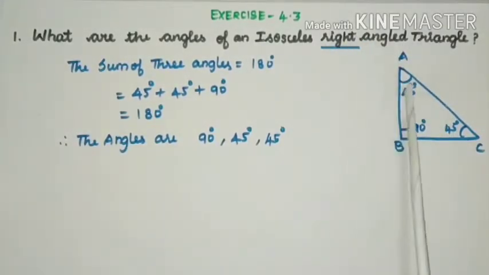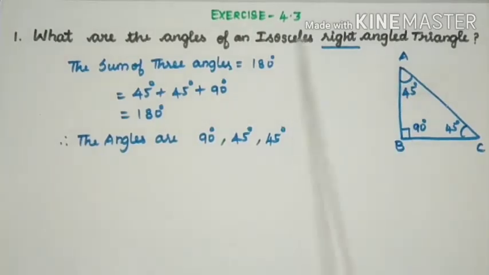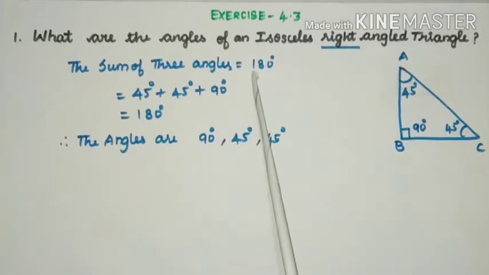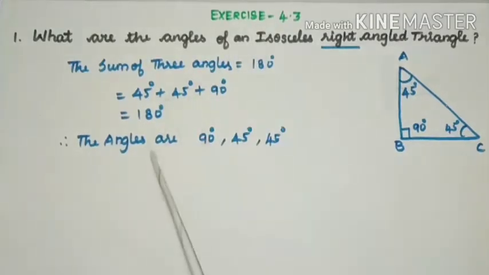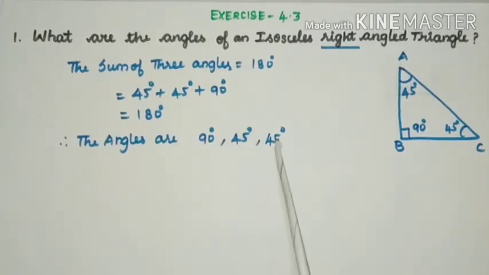Right angle means one of the angles is 90 degree. Isosceles means the other two angles are the same. So 45 plus 45 plus 90 is 180 degree. The sum of three angles is equal to 180 degrees. Therefore, the angles are 90 degree, 45 degree and 45 degree.